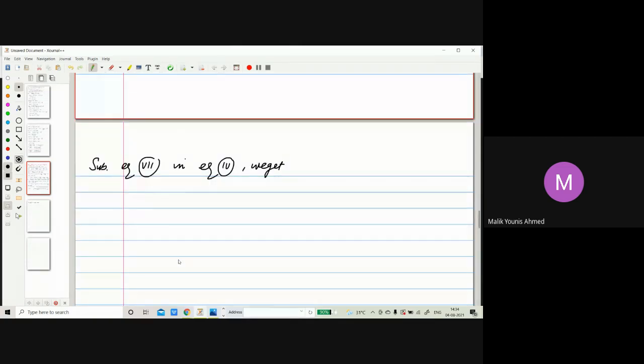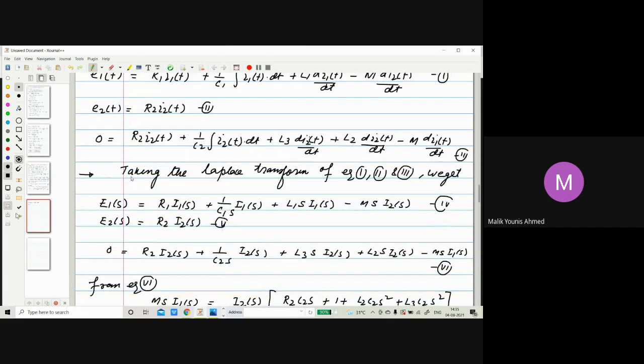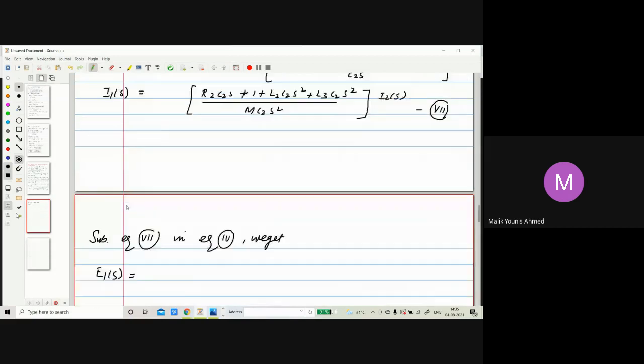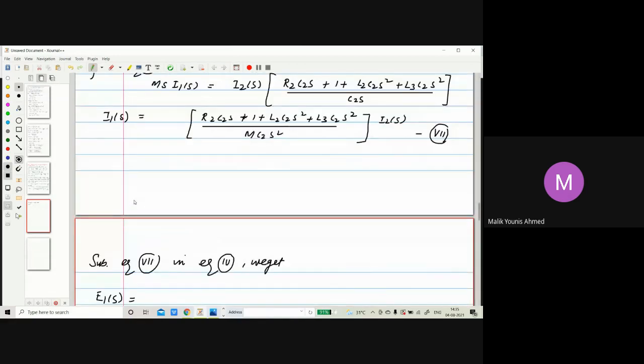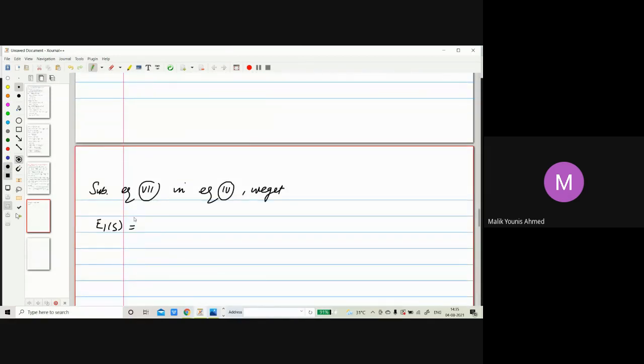Okay, let's move ahead now. E1 of S can be written as, you can see here, in place of I1, we have to substitute this complete value. So first I will try to solve this equation.